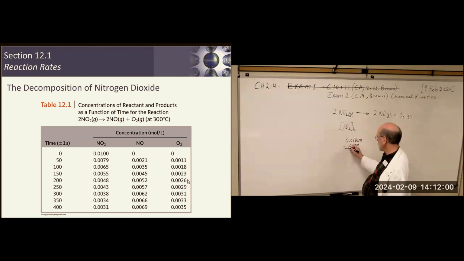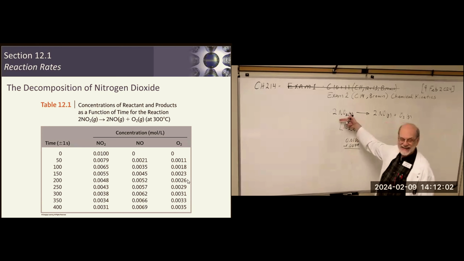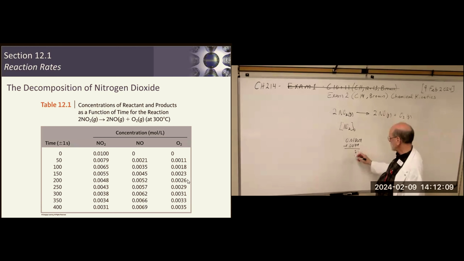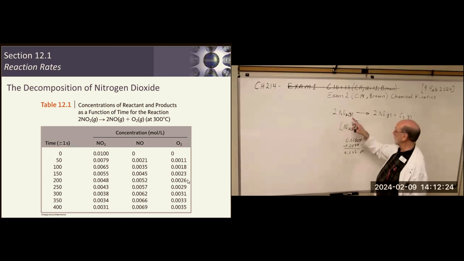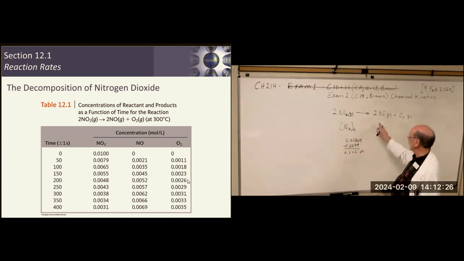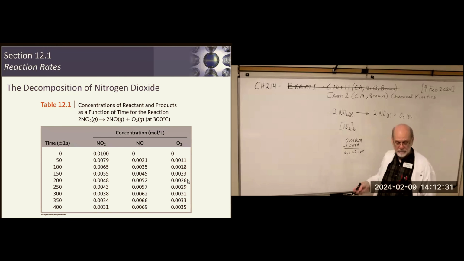If we subtract those two, we find out how much of this is missing, which is 0.0021. So that's how much of this is missing. Where did it go? Well, 1 to 1, you should have 0.0021 of this show up. And there it is, 0.0021.